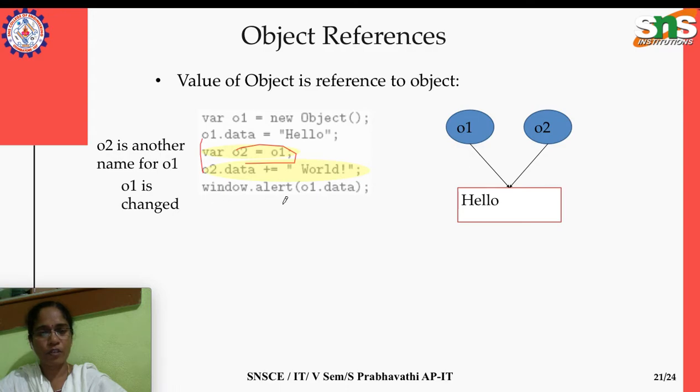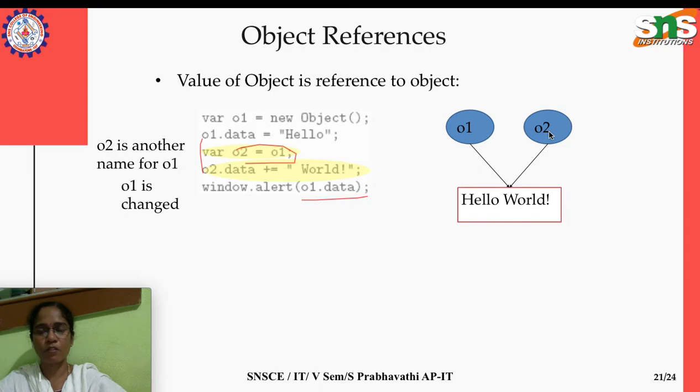And in the next line, window dot alert o1 dot data instead of o2 dot data. So in o1, what's the expected output? Will the output be hello or hello world? Initially o1 will have the hello. Since both the objects are referring to the same property, changing this value will reflect in both o1 and o2.